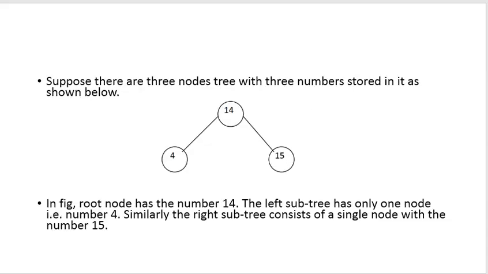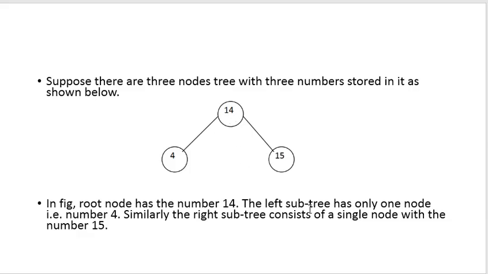Suppose there are three nodes. Coming towards the tree, say we have three nodes with three numbers stored in them, as shown in the figure. In the figure, 14 is the root node.